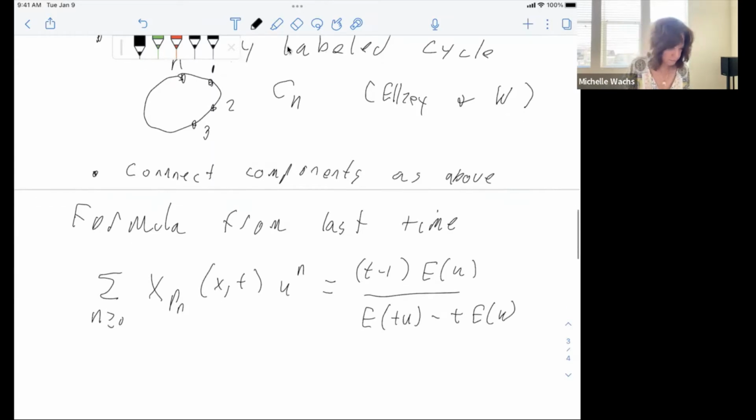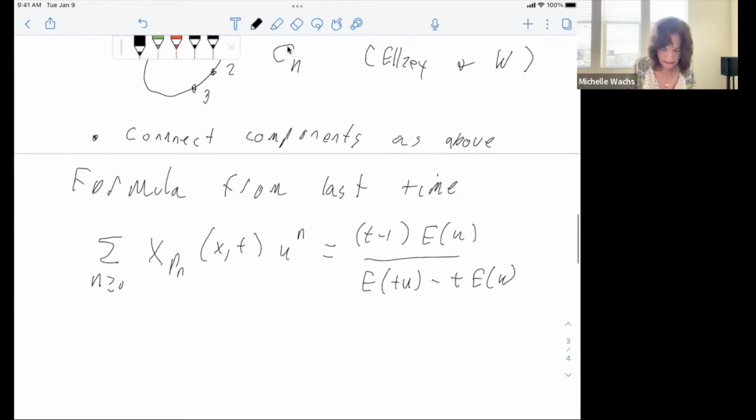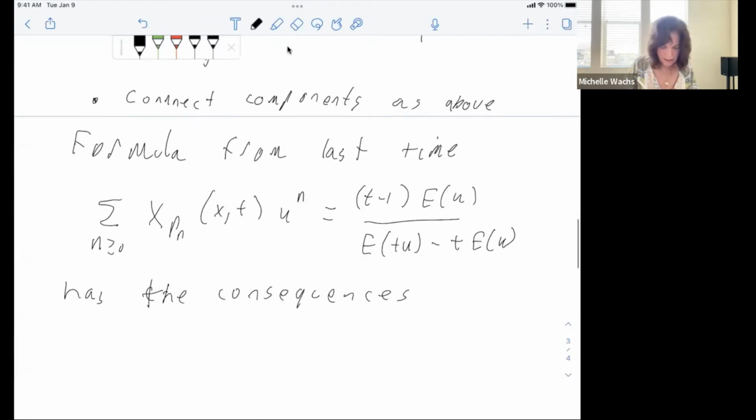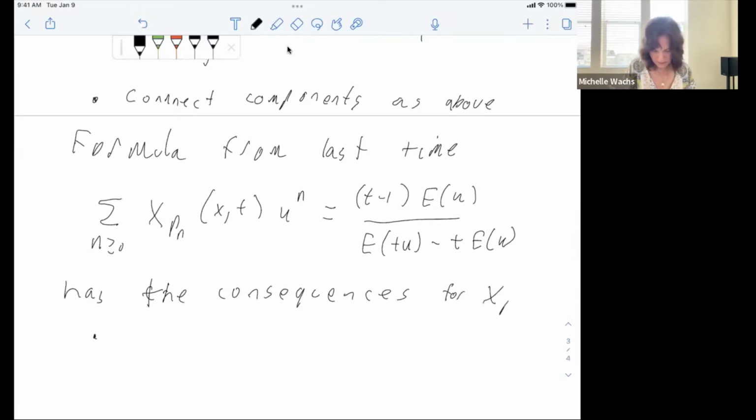That formula has the following consequences. It's not hard to show that this implies that X_{P_n} is E-positive from that formula, and E-unimodal.